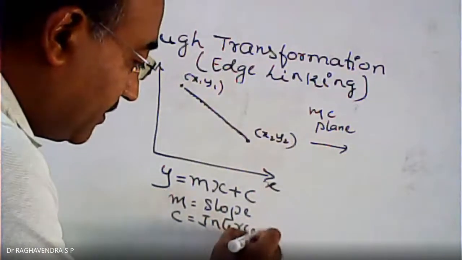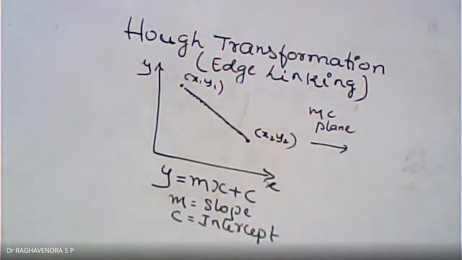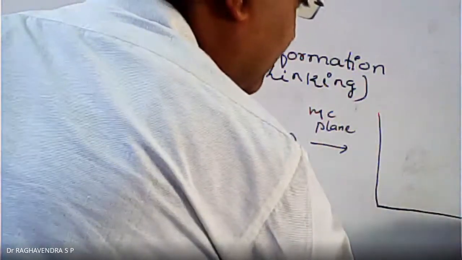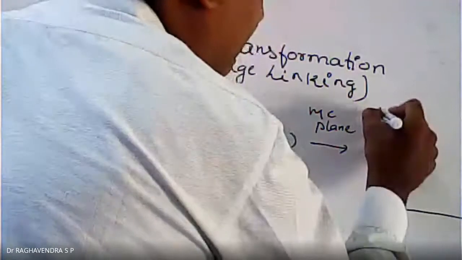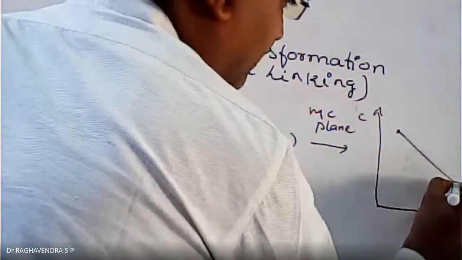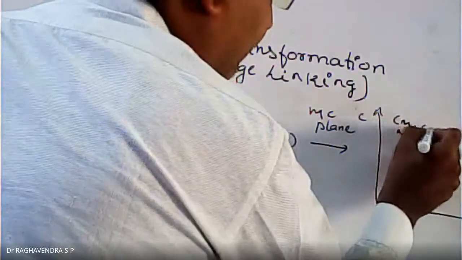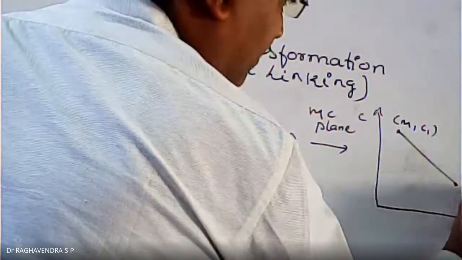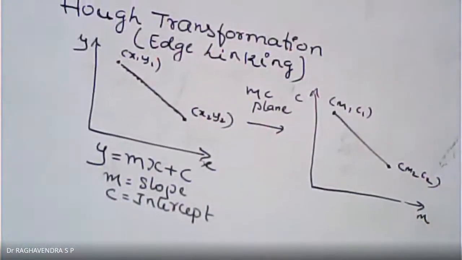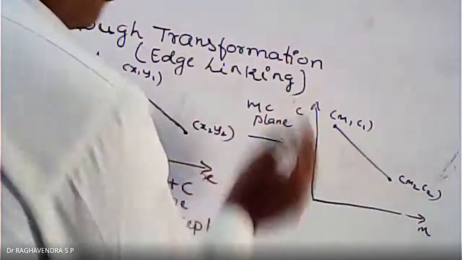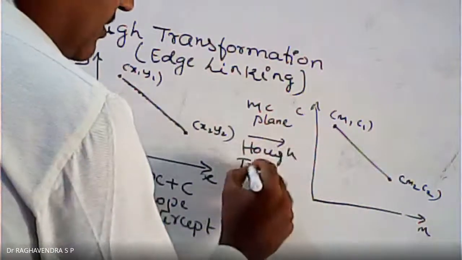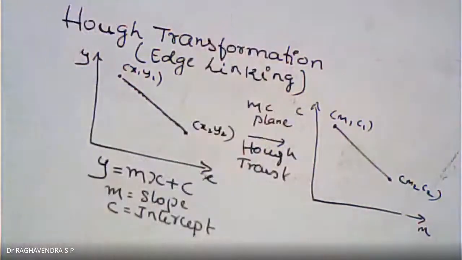When you convert the xy plane into the MC plane, it will have M and C axes, and we have two points here, one is M1, C1 and another one is M2, C2. This is the working mechanism of the Hough transformation. Got it?